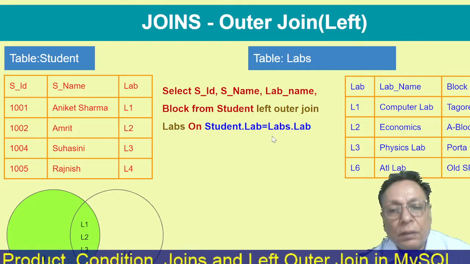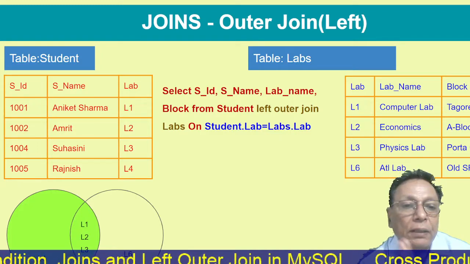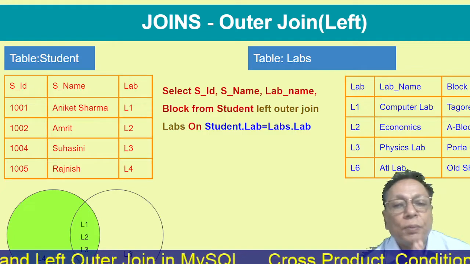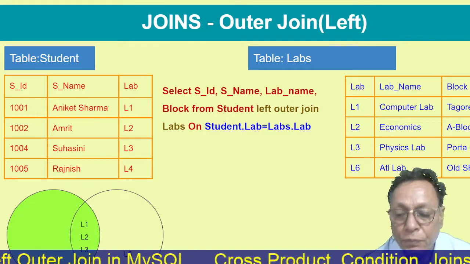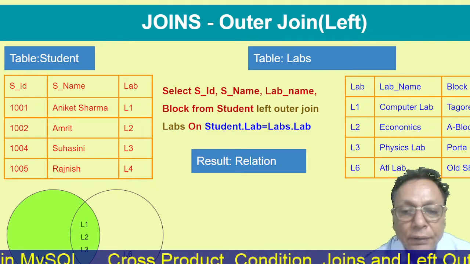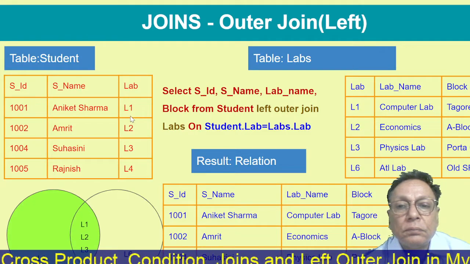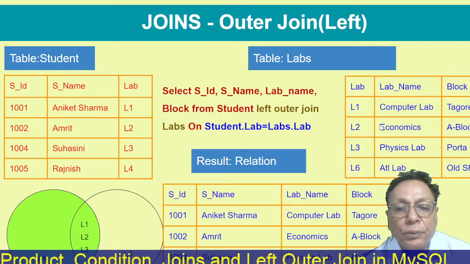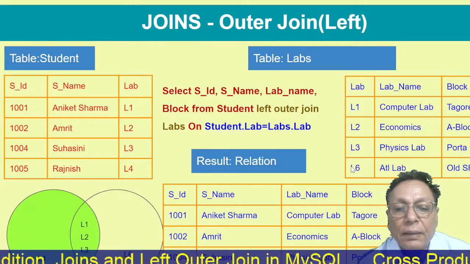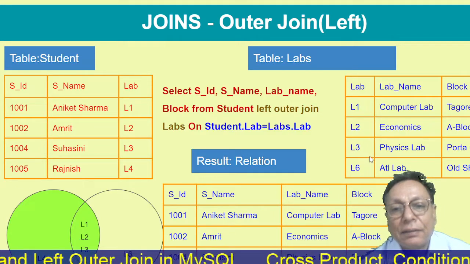So whichever rows are matched, those rows will be considered as output, and leftover of the left table will also be in the output relation. So let's see. The result relation will be like this. See here, L1 means computer lab, L2 that is economics lab, L3 that is physics lab, and L4 which is not available in the labs.